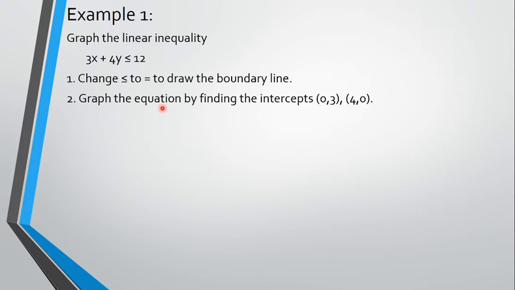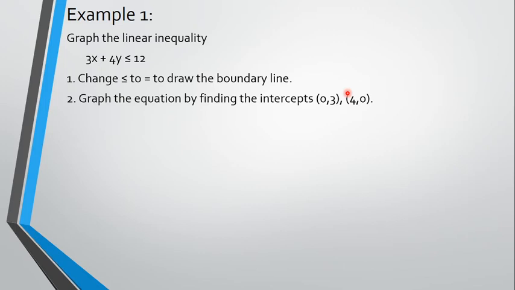Now next, graph the equation by finding the intercepts (0, 3) and (4, 0). Okay. Now class, how did we get the (0, 3) and (4, 0)? This is actually the y-intercept and the x-intercept. We already discussed that in our previous topic.